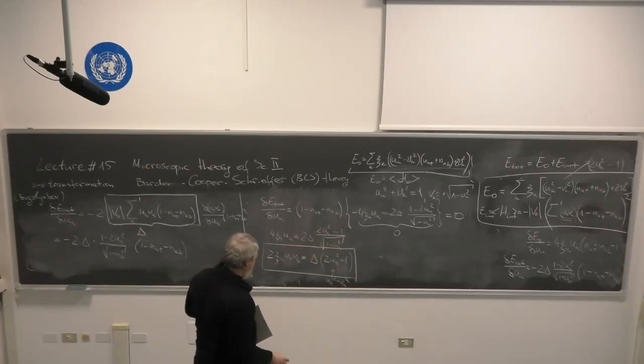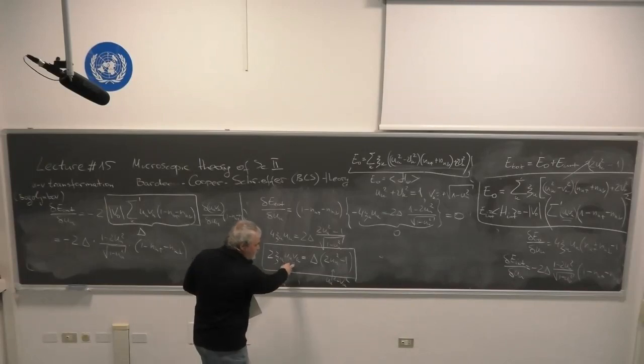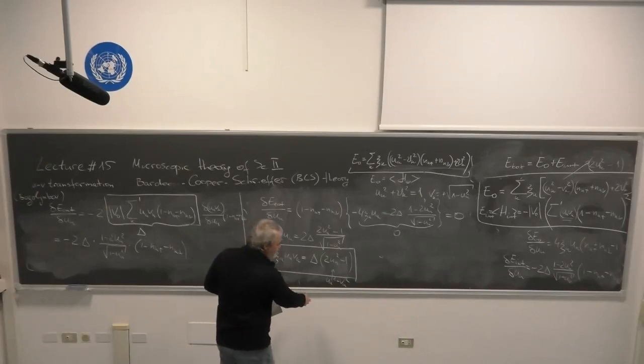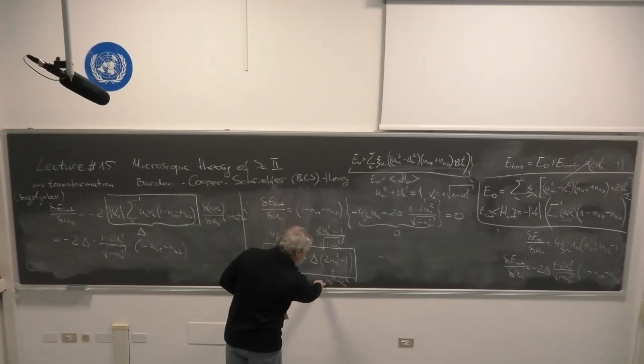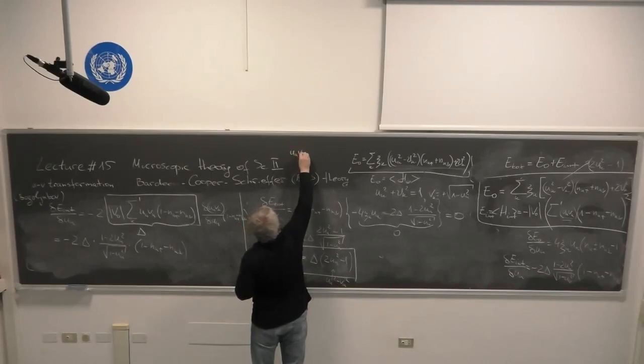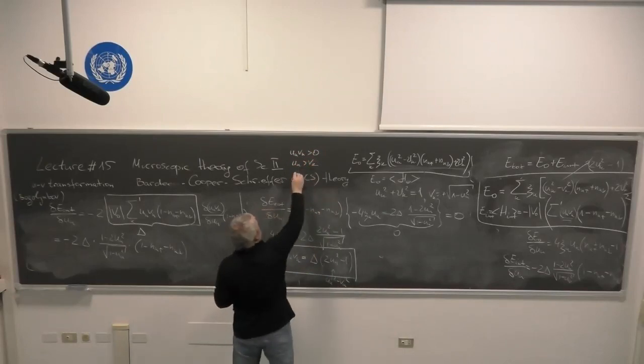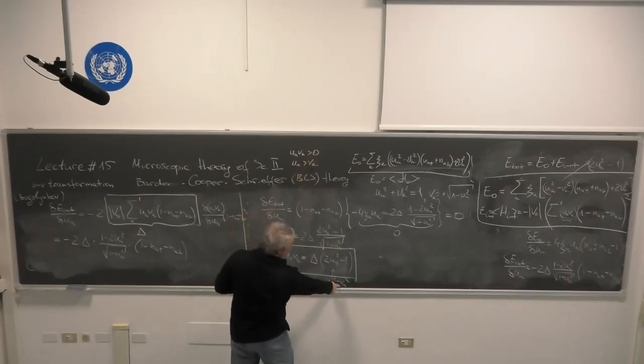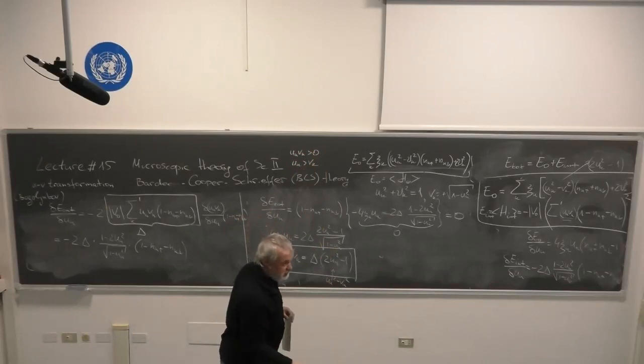Therefore, if I take the square root with a sign plus, it immediately means that uk is bigger than vk. So let's remember it: uk, vk positive means that uk is bigger than vk, because uk squared minus vk squared is also positive.